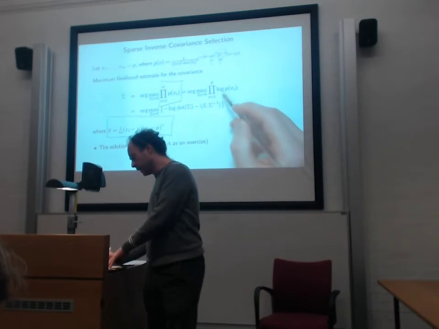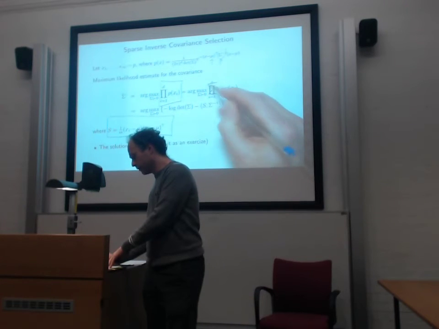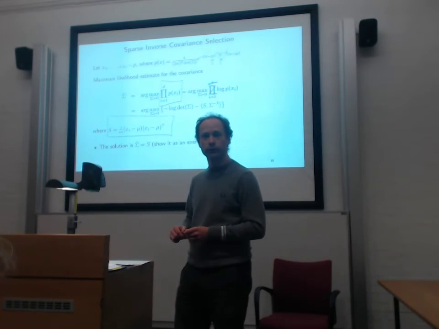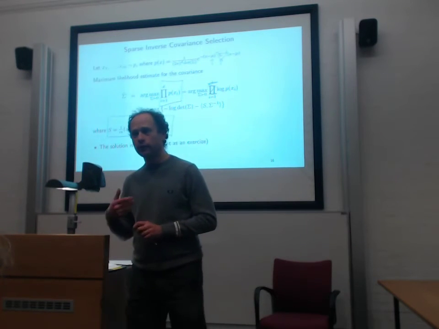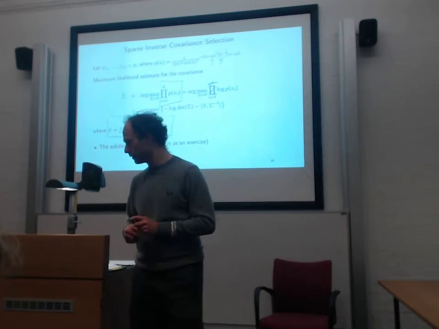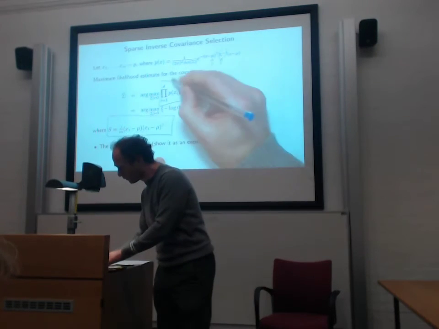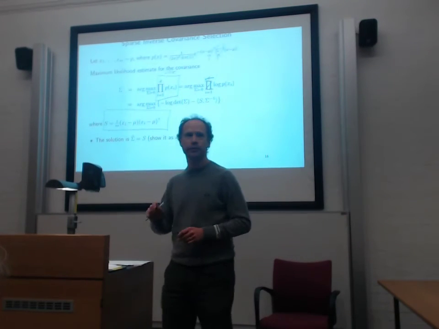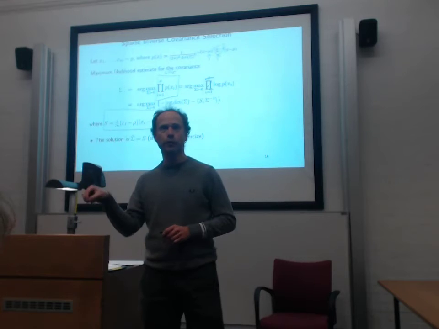It's the same as maximizing the sum, because I take the log of the product. If you want to maximize a function, it's the same as maximizing the log of the function. Argmax means the variable which maximizes it.